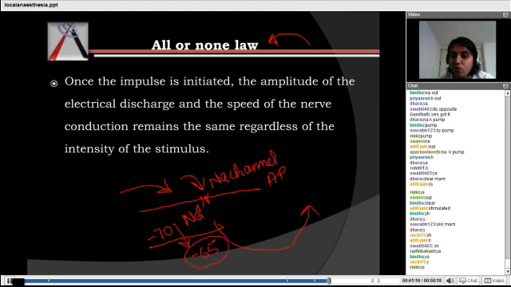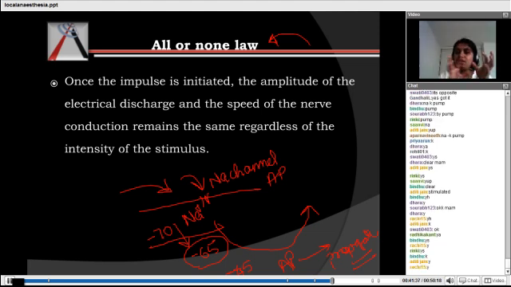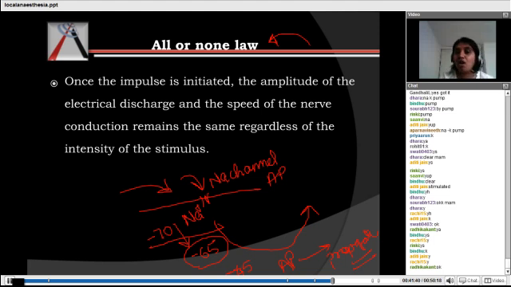We need to create one significant drop. For example, we need to change it by some 20 to 25. So when it reaches minus 50, how much will be 20, minus 45? When it reaches minus 45, then your action potential will propagate. So we need a certain impulse to bring that much drop.